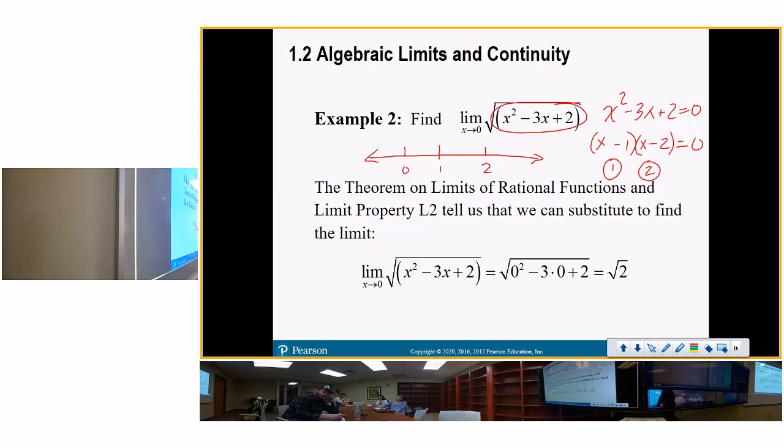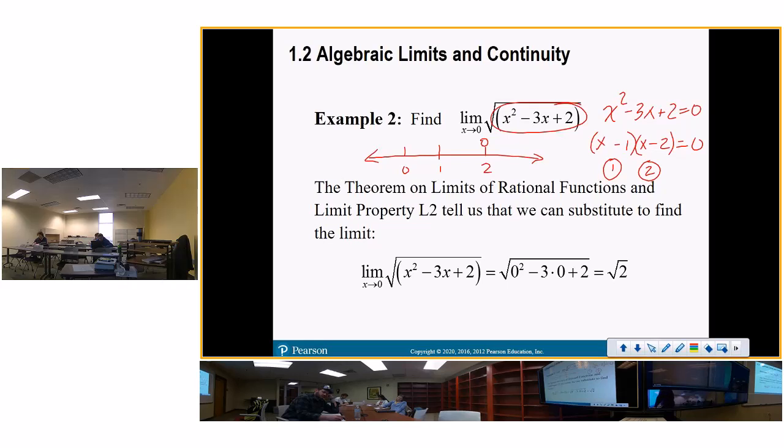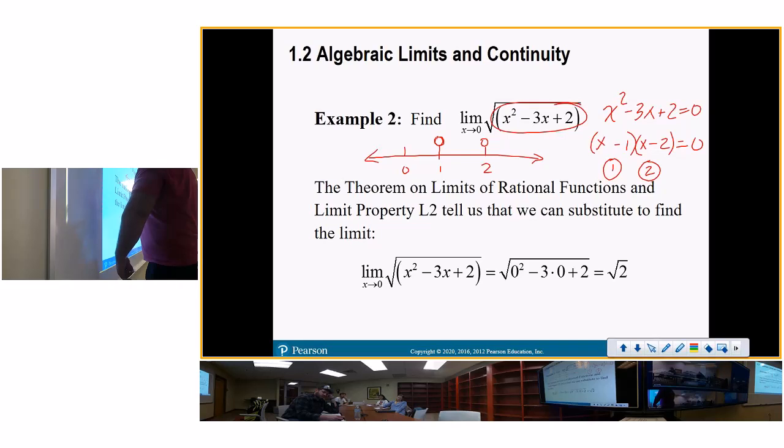Now, what happens when I plug in 2? I'm going to get a 0. Everybody know that? When I plug in 1, I'm going to get a 0. What happens when I plug in 0? What numbers do I get? 0 minus 0 is equal to positive what?